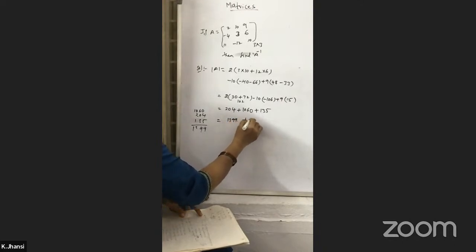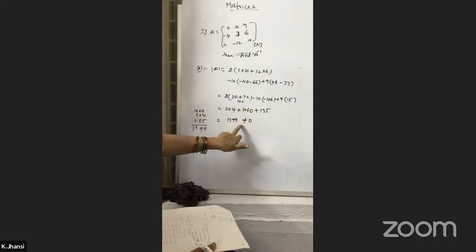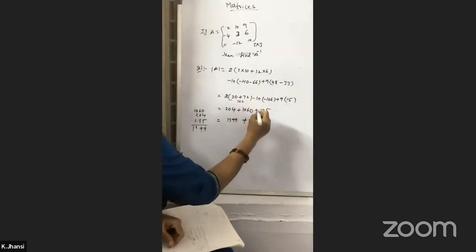So this is not equal to 0. This is not equal to 0, which means it is non-singular.